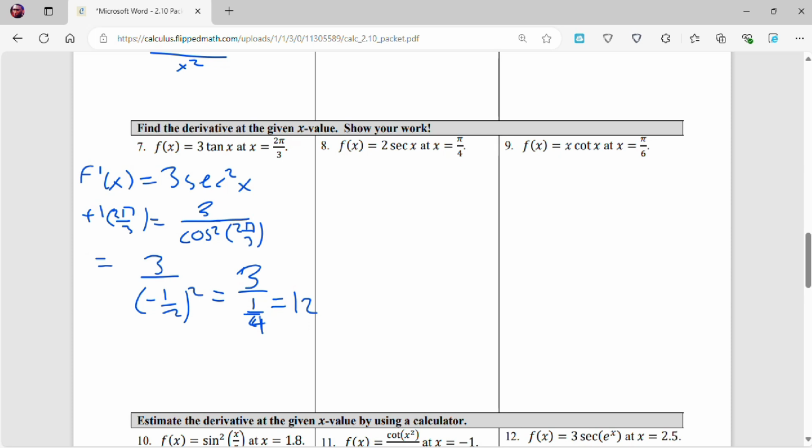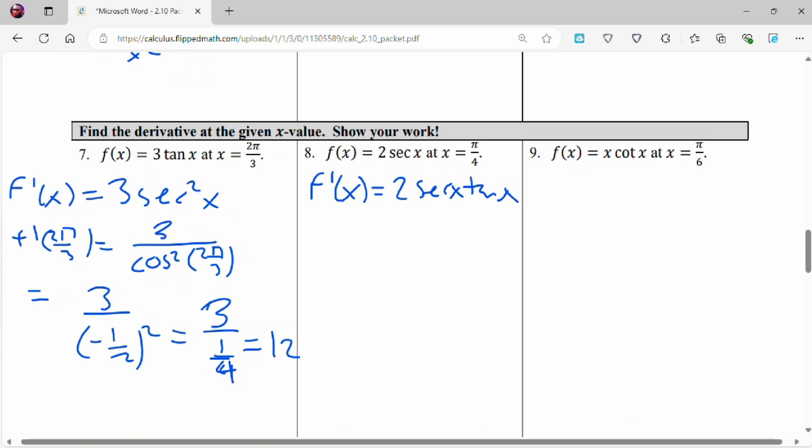Okay, next we have to find derivative of 2 secant x. So derivative of secant is secant x tan x. Okay, I'm going to zoom in. So f prime of pi over 4.